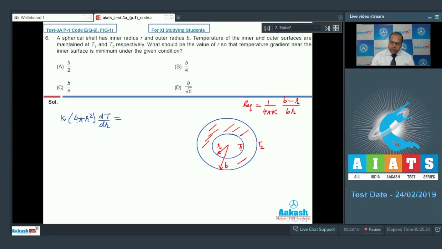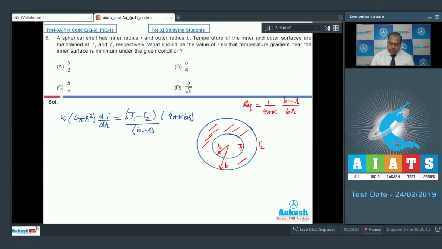That must be equal to the temperature difference between this surface and this surface, that is T1 minus T2, where I have considered T1 greater than T2, divided by R equivalent. So R equivalent is (b minus r) divided by (4 pi K b r).